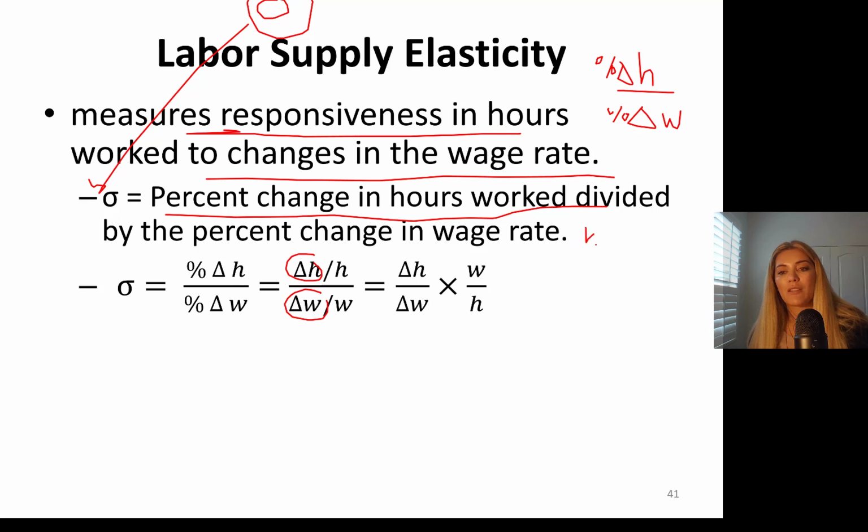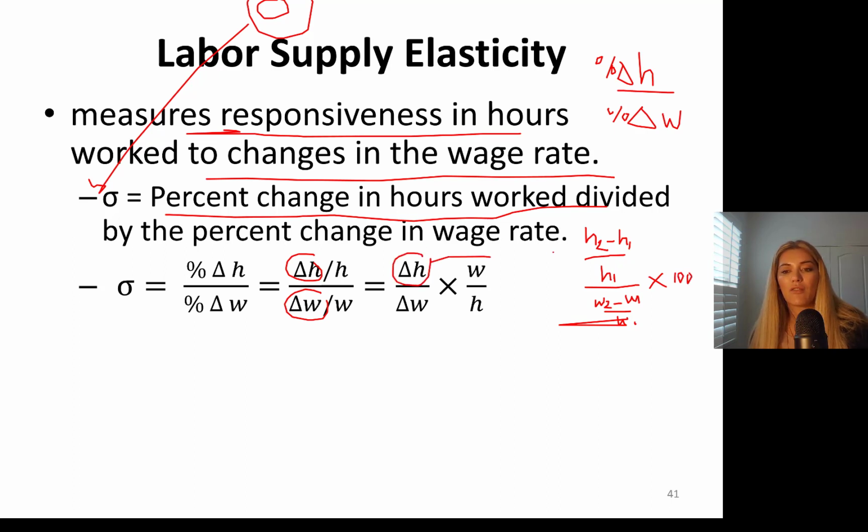So it is final hours minus initial hours, H2 minus H1, divided by initial hours, everything divided by final wage rate W2 minus initial wage rate W1, divided by the initial wage rate. Everything multiplied by 100. It's basically the same thing.